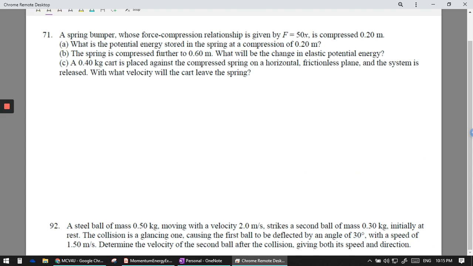And again, they're messing with us here, and they're giving us the k value. The k value here is 50, because they're saying that force equals kx, and that's the rule. So they're basically telling us that k is 50 here.